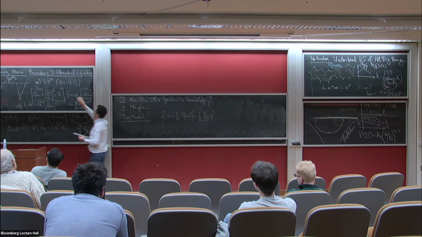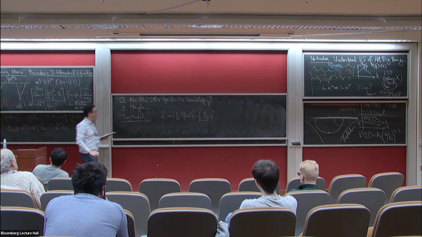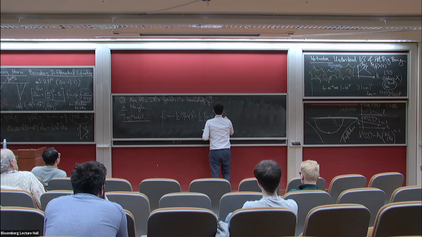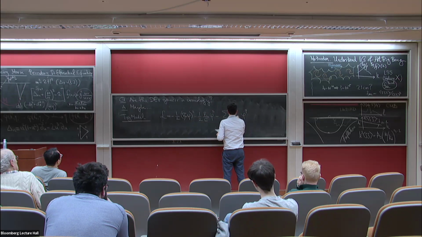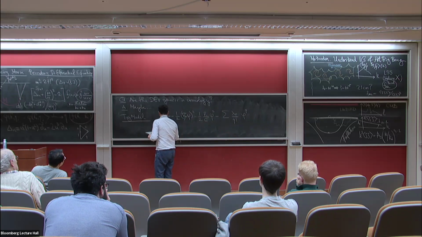I still use this crutch that the propagator is sort of like a plane wave. Now I add some polynomial self-interactions. But then I'm going to allow the cosmology to be power law.